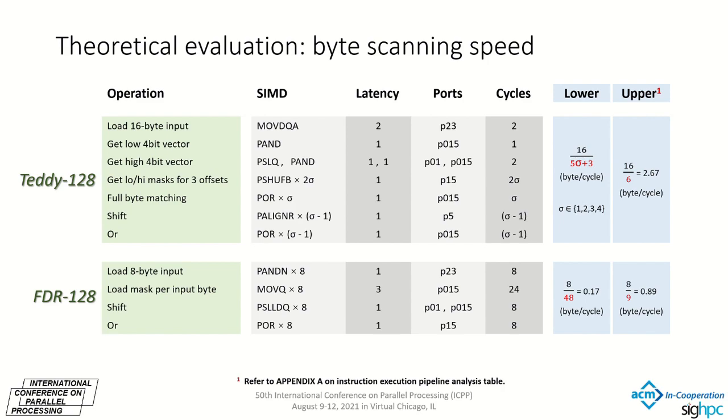Since delta ranges from 1 to 4, the lowest value is 0.7. The reasoning of the highest performance is complex, and we give a detailed explanation in the appendix of the paper. The result shows that the worst performance of Teddy was close to the best performance of FDR.